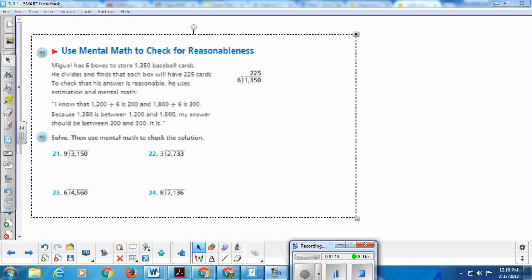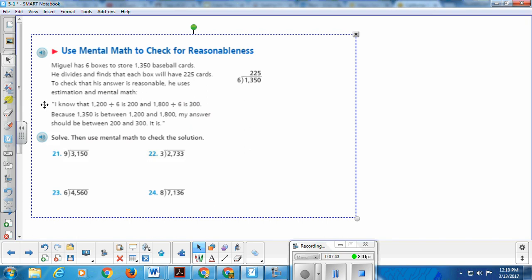He knows that, and I'm reading this in case you would need to see what I'm reading, I'm right here on page 166. I know that 1,200 divided by 6 is 200. And that 1,800 divided by 6 is 300. Because 1,350 is between 1,200 and 1,800.